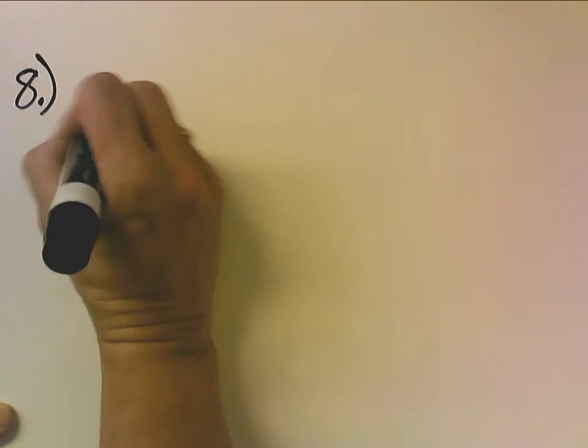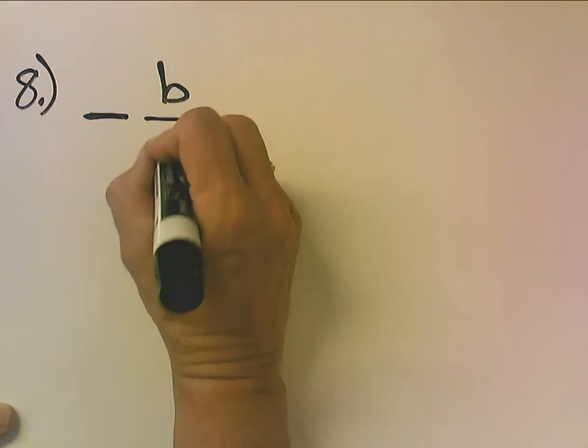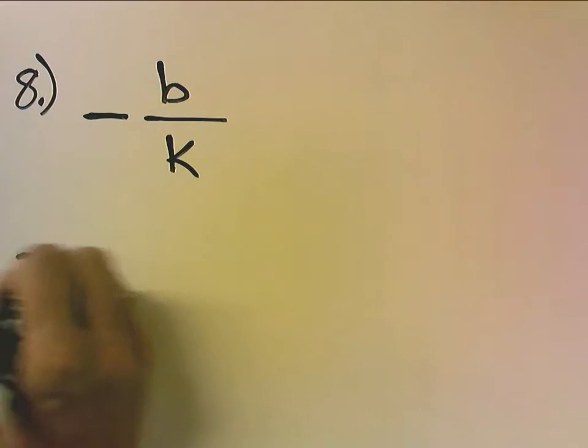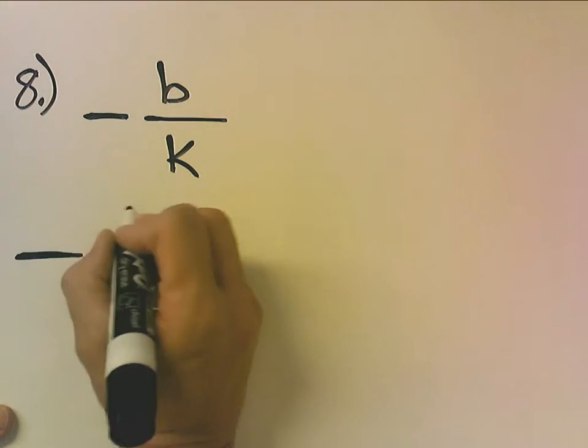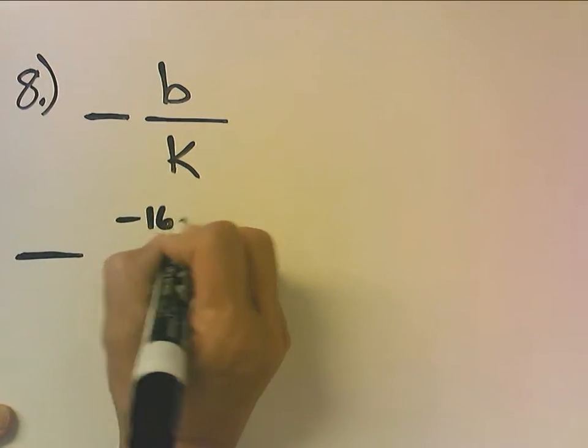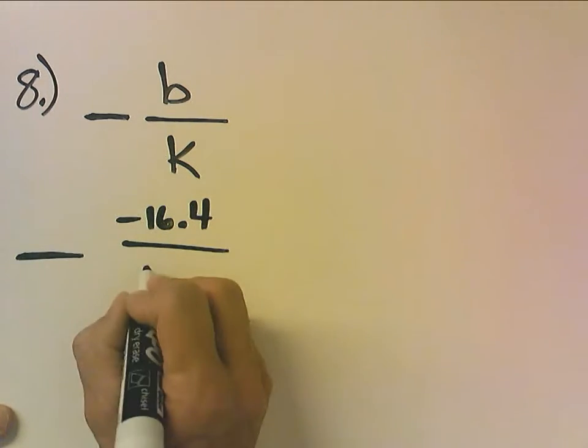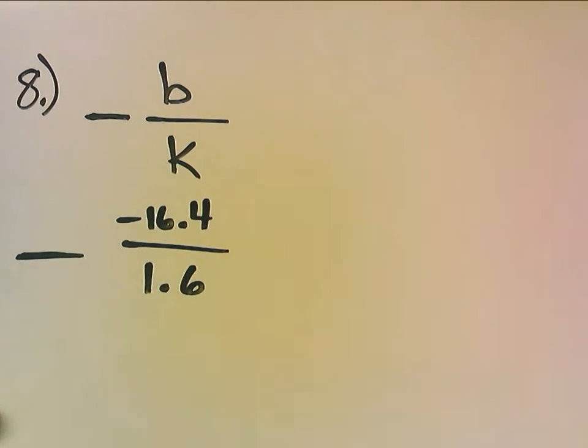Now, let's see. A tricky one here definitely is number 8. So let's look at number 8. This is the opposite of B over K. So it's the opposite of B, which is -16.4, all over 1.6.